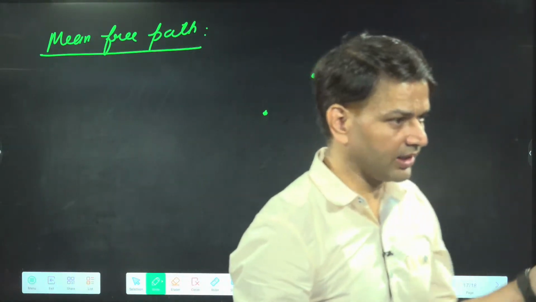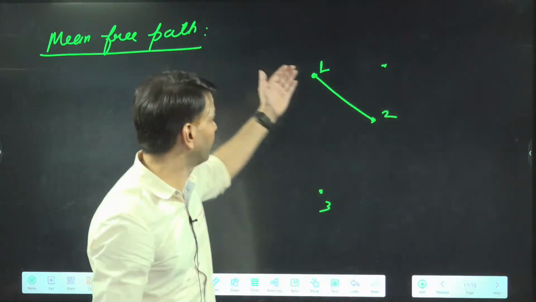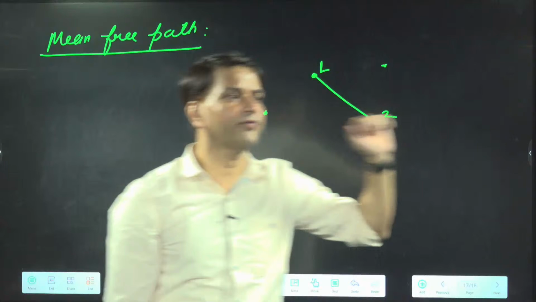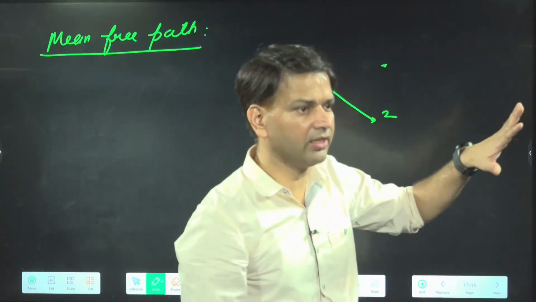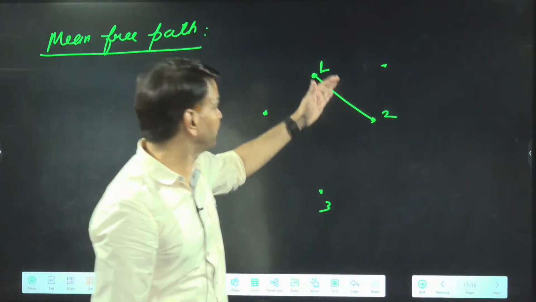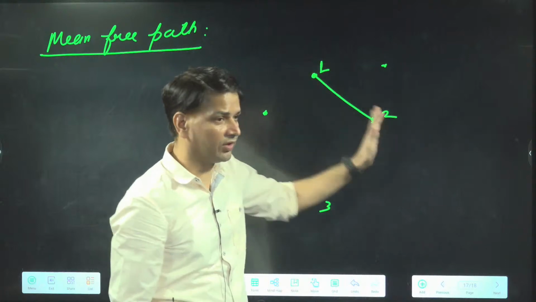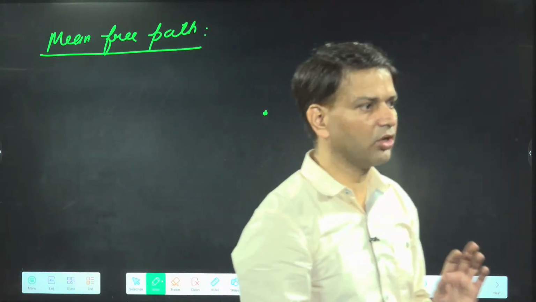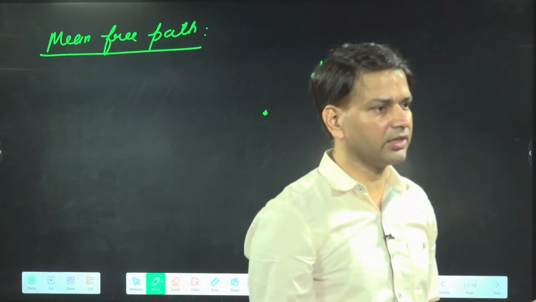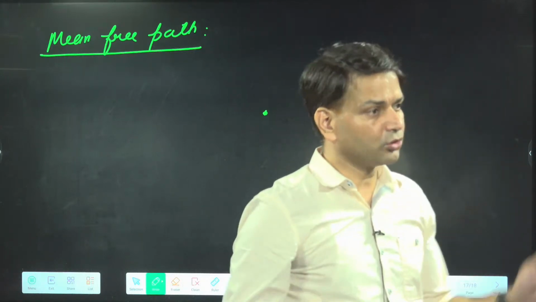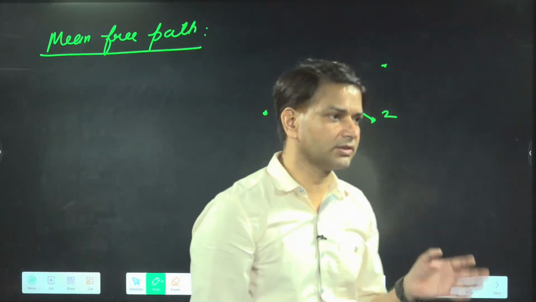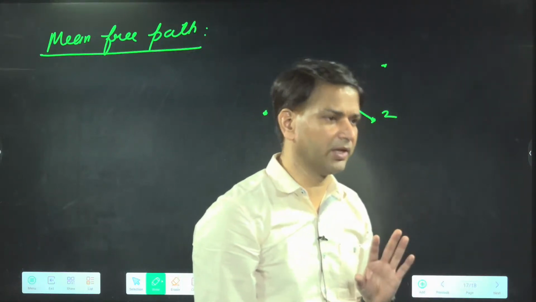Between first and second, when it is going from 1 to 2, it is not colliding with anyone. So it is free. That time it is free. The distance it travels without any collision is called the free path. In that path, it is not colliding with anyone. So the distance traveled by the molecule or atom in successive collisions is called the free path.